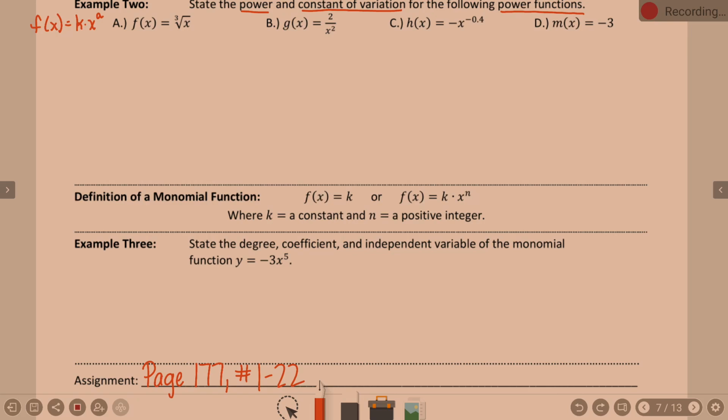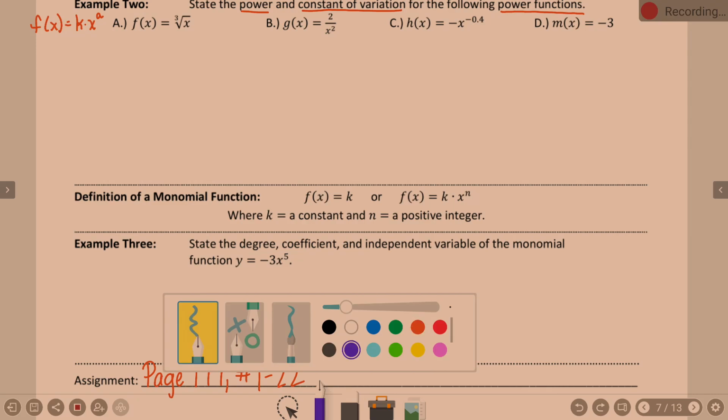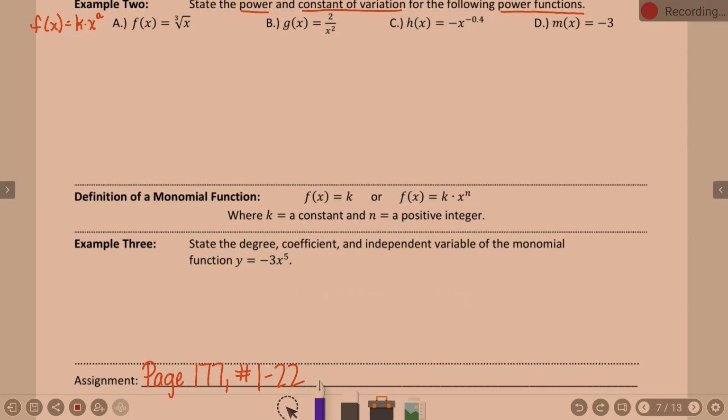So, on example A, f of x equals the cube root of x. What should we probably start off thinking about? What about the power? So I would encourage you, I'm going to rewrite this as f of x equals x to the 1/3.